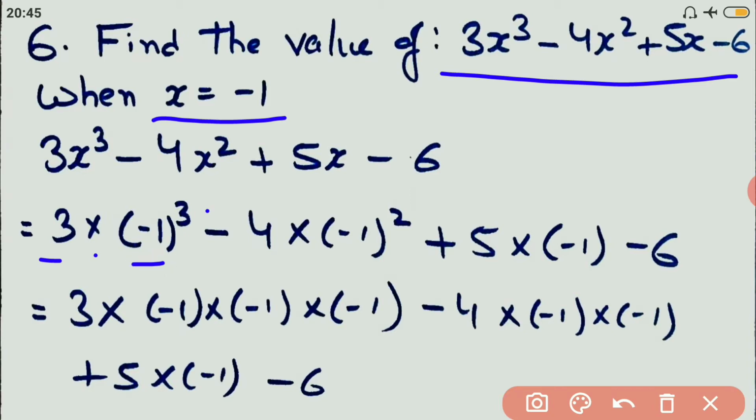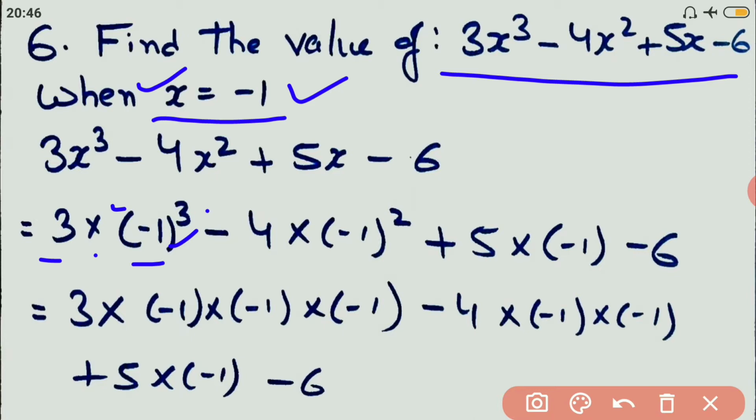In the previous sum we haven't used this bracket, but right now we are using it. The reason is that whenever the literal is given a negative number, it is a good habit to use the bracket. This will make sure that we make fewer mistakes.